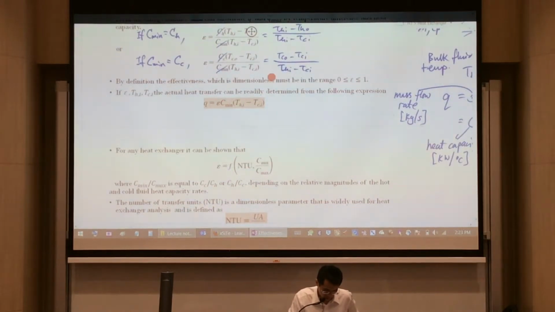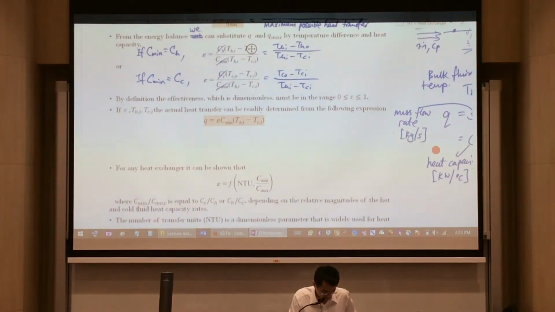So I could readjust this formula. Now, could you insert this word over here, just right over here? If effectiveness epsilon and T_CI are known, then the actual heat transfer can be readily determined from the following expression.